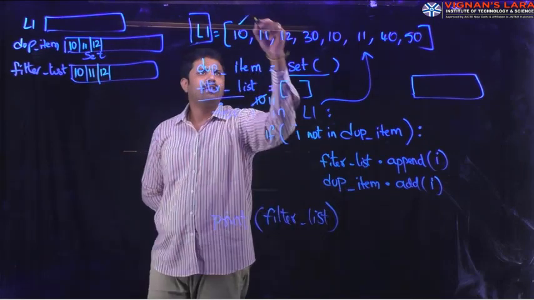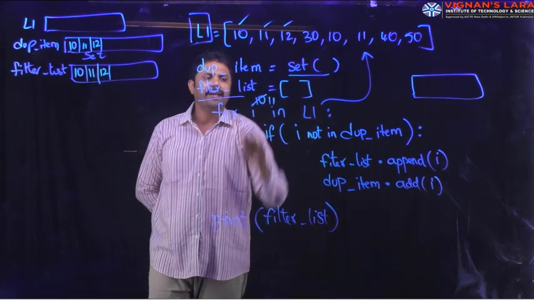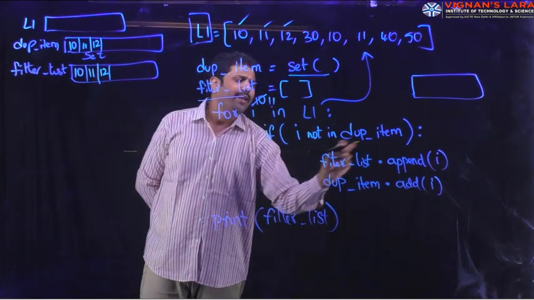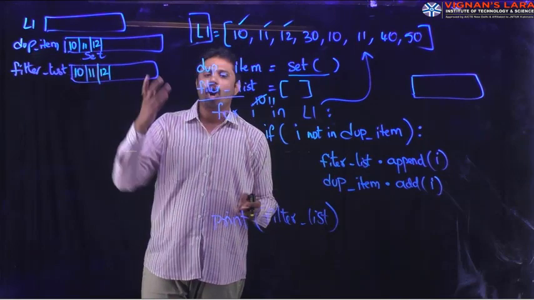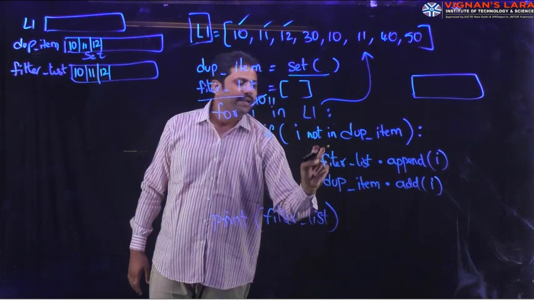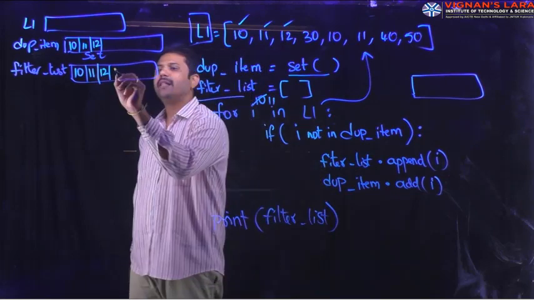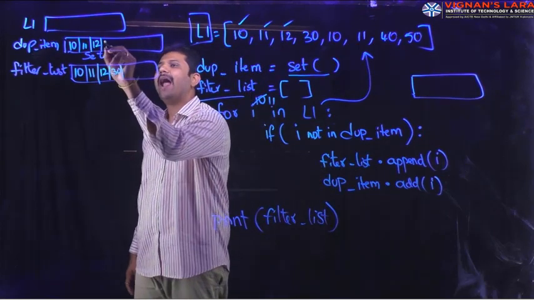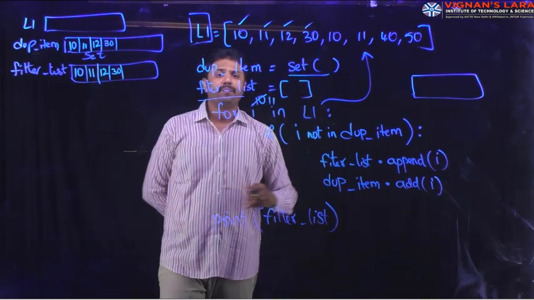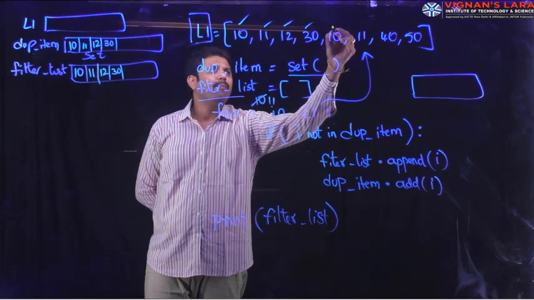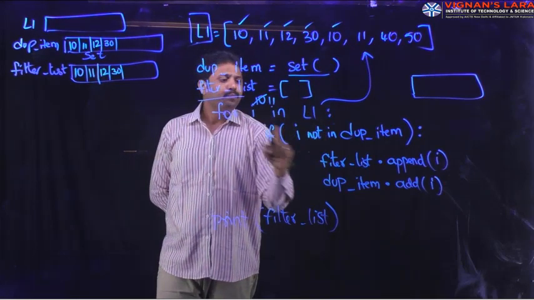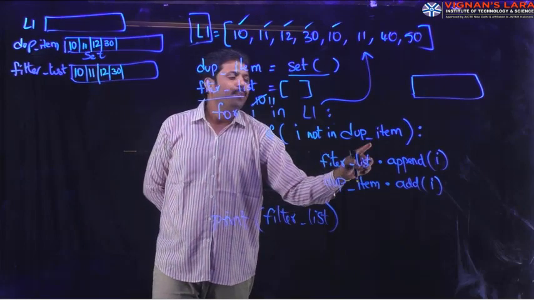Next, 10 over, 11 over, 12 over, and next 30. 30 is passed to i. 30 not in duplicate item. Yes, 30 is not in duplicate item. Then again it is added in filter list and duplicate item. That means 30 is added here and also added here. Next, let us see, here you have one more value 10. 10 is passed to i. 10 not in duplicate items.